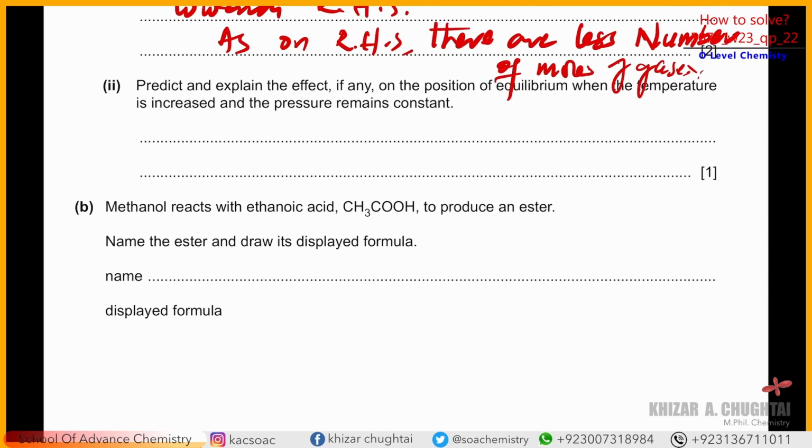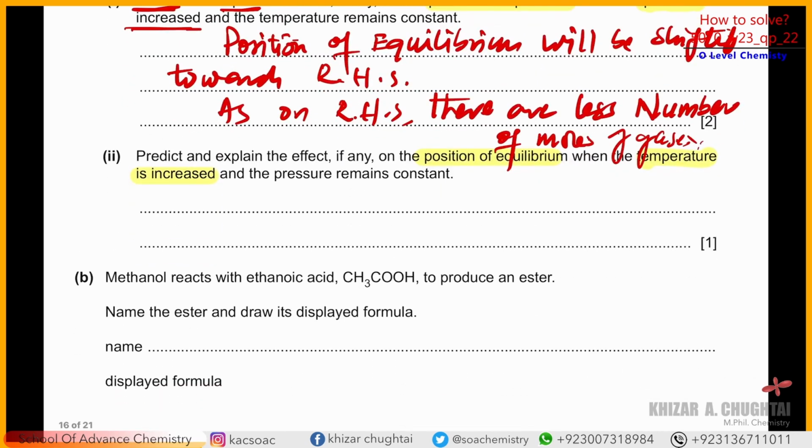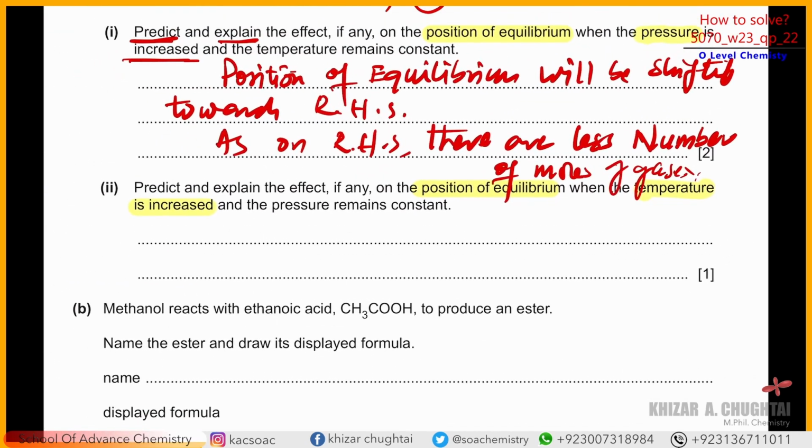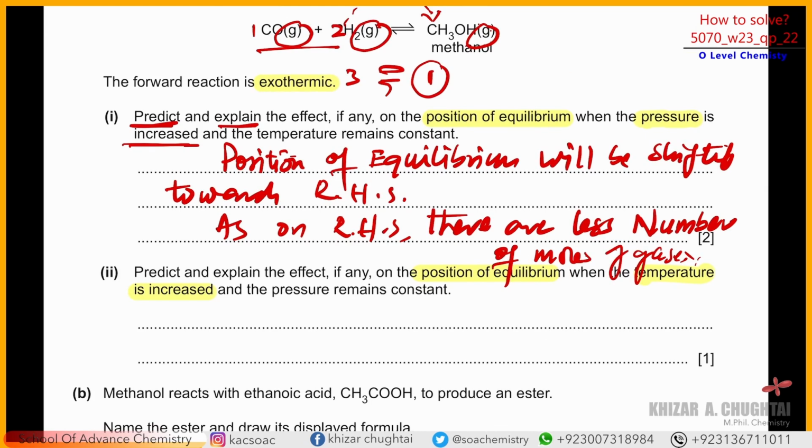Second one, predict and explain the effect, if any, on the position of equilibrium. Once again, when the temperature is increased, the pressure this time is constant, and this is just for 1 mark. So yes, there will be an effect of temperature, as the reaction is exothermic.